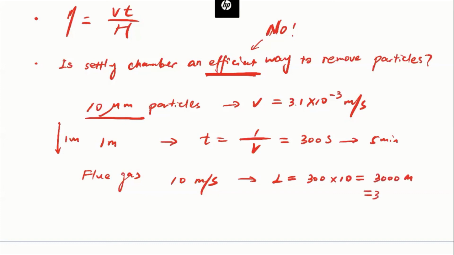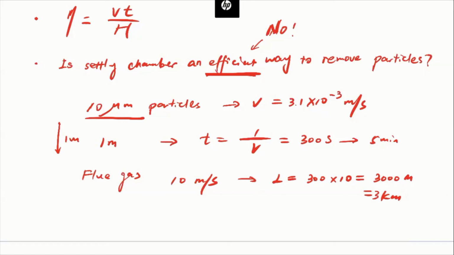Okay, 3 kilometers. So that's very unrealistic, right? We cannot build this long of a duct to remove 10 micrometer particles for just 1 meter. So that's why we have to employ other types of particle removal devices, right?